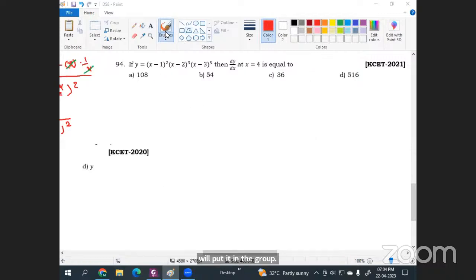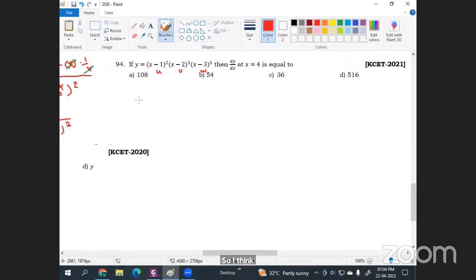So y equal to (x minus 1) whole square into (x minus 2) whole cube into (x minus 3) whole power 5, then dy by dx at x equal to 4 is equal to? I'll take the u, v, w formula.